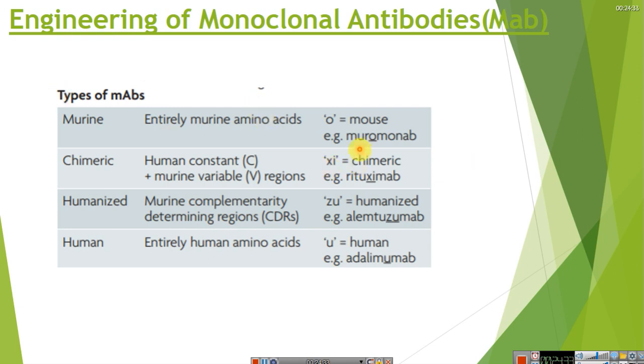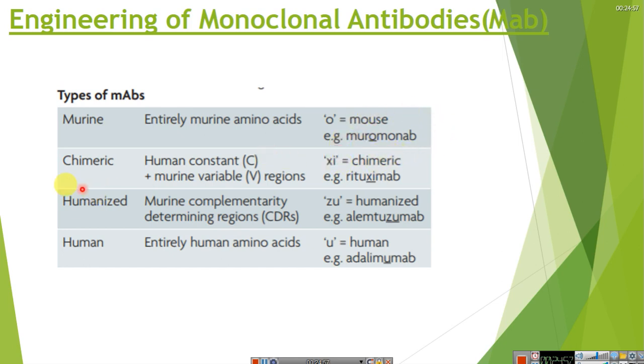Muromonab is completely murine. So the letter O will be there, and you can recognize that this is of mouse origin, or a completely murine amino acid monoclonal antibody.